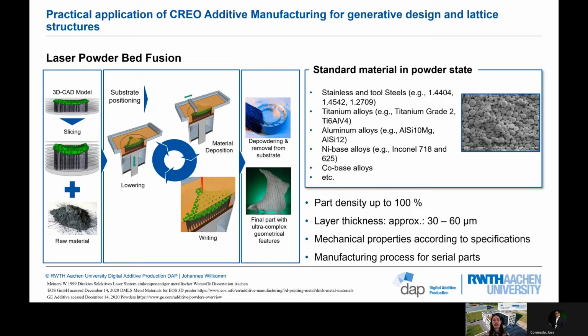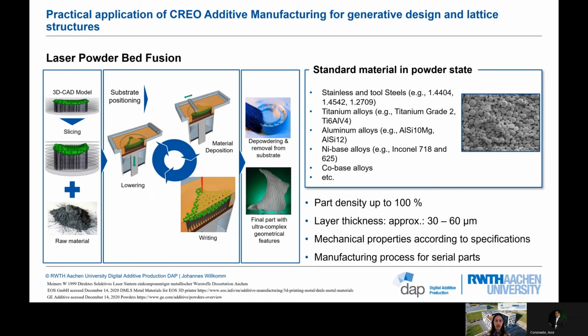And in this example I will show you, we use the additive manufacturing process laser powder bed fusion. So first I would like to shortly explain the process and what design for AM of LPBF means. So LPBF is the powder-based process for metals.